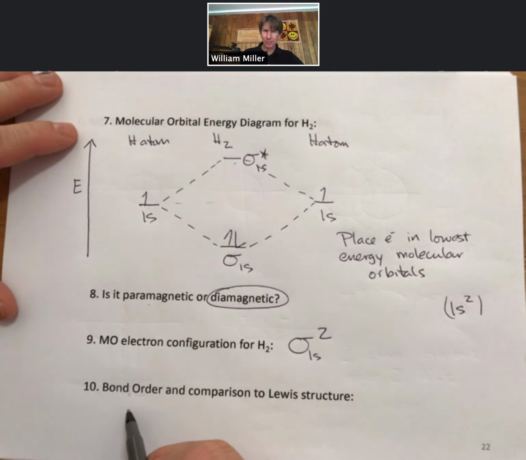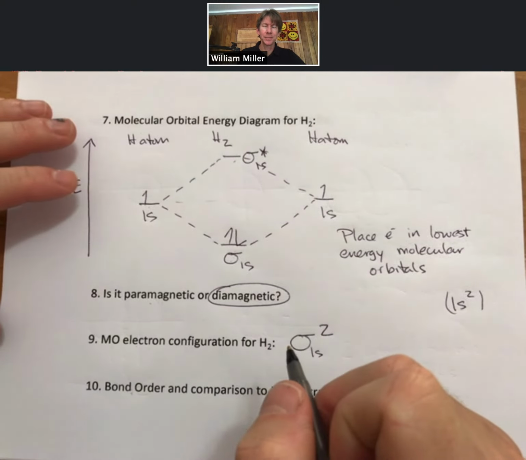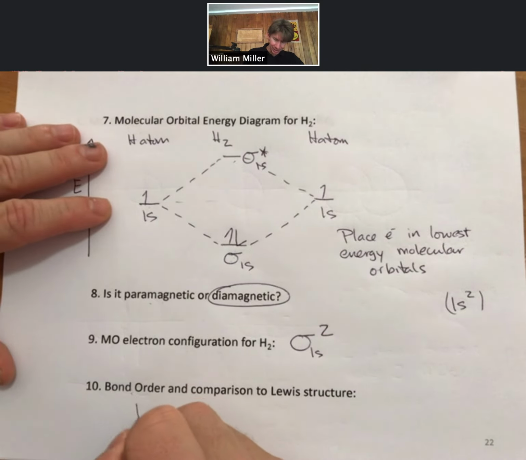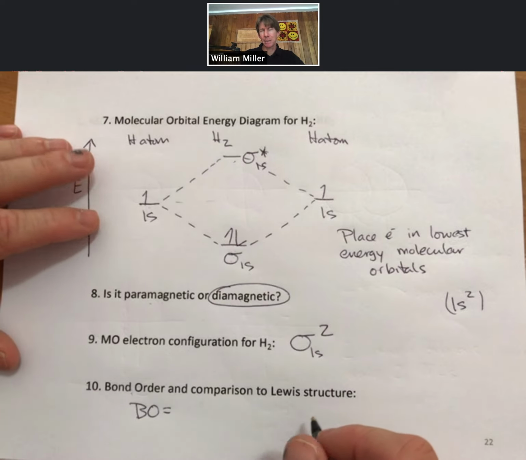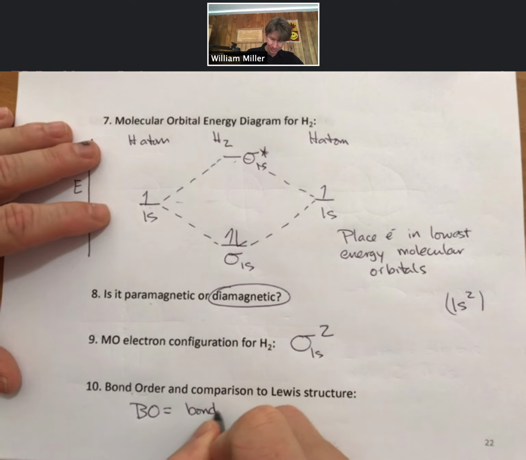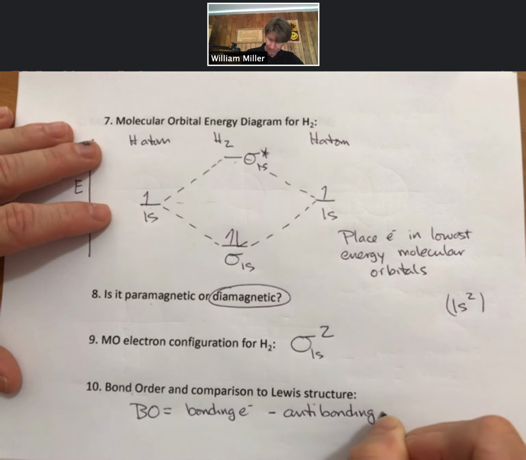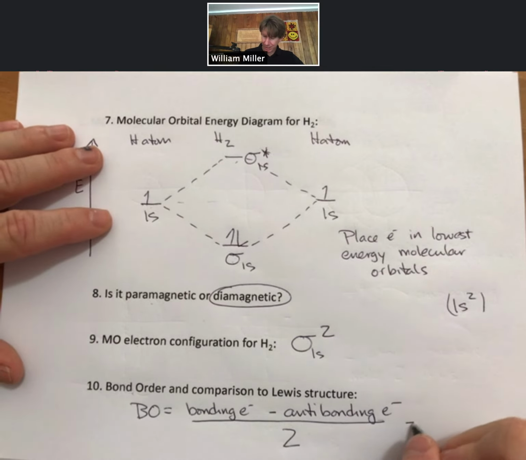And bond order, in comparison to the Lewis structure, well, for molecular orbital energy diagrams, bond order is going to equal bonding electrons minus antibonding electrons divided by 2. And we can see that we have 2 bonding electrons.